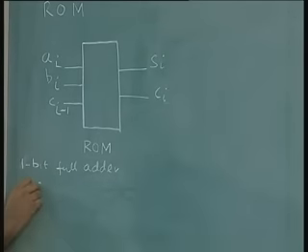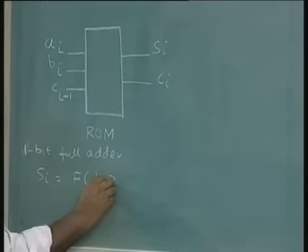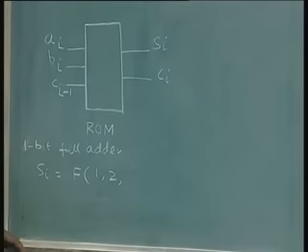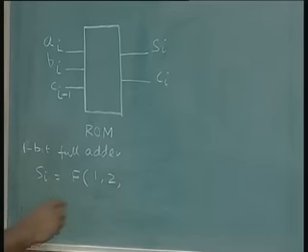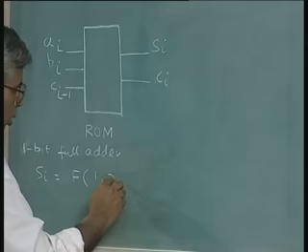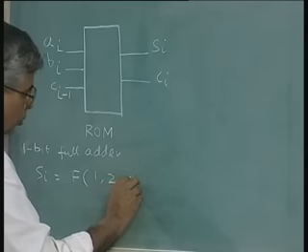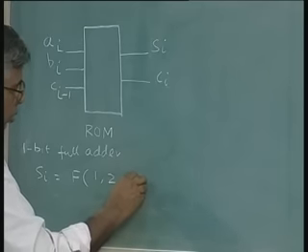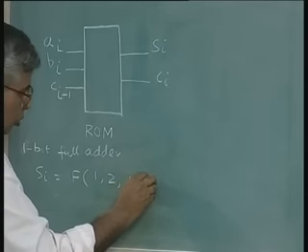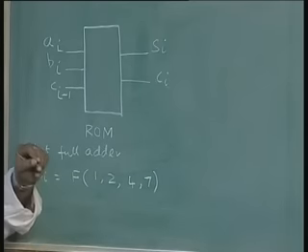We know that Si is 1 for minterms 1, 2, 4 and 7.